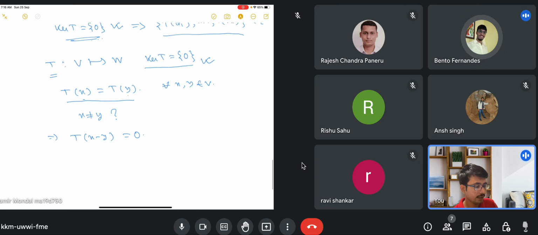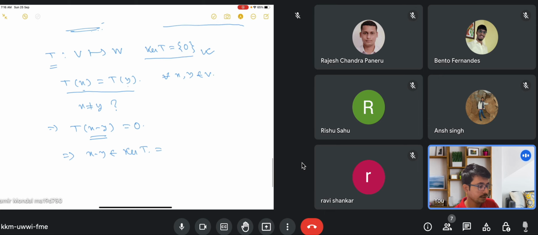So this x minus y belongs to the kernel of T, and it satisfies the definition of kernel of T. Since the kernel is the singleton 0, it is forced that x equals y. So this is an injective function. If the kernel of T is equal to 0, T is an injective function.